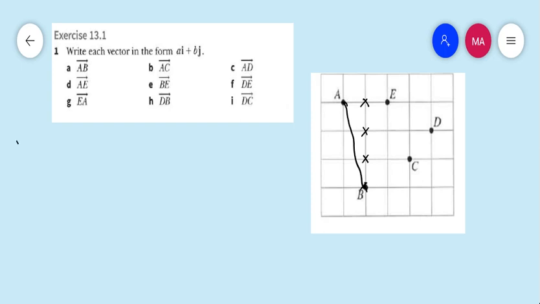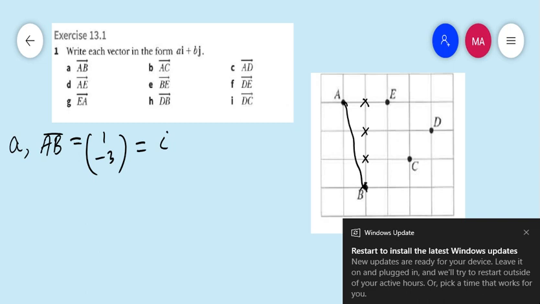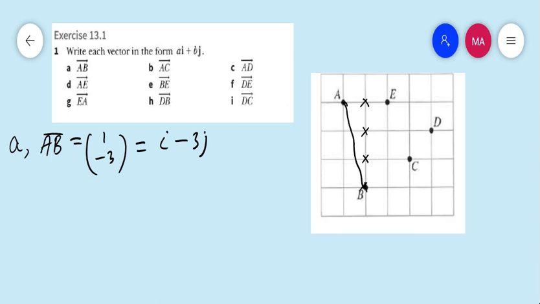So AB is 1 and -3, but we have to give the answer in the form ai plus bj. It is very easy. Multiply 1 by i, you will get i, and -3 into j is -3j. So i minus 3j is our final answer for vector AB.